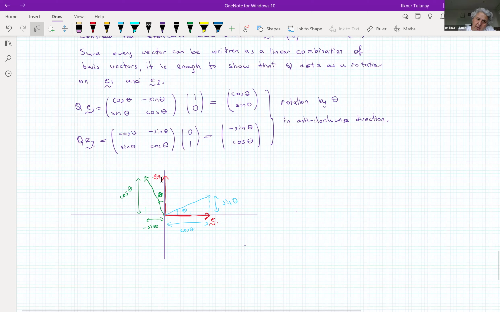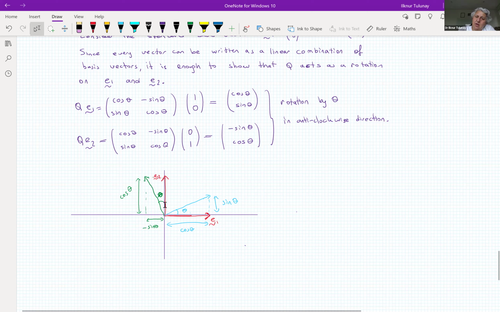Let's have a look. This is E2, and this is theta. Here, this point gives us cosine theta for the y value and minus sine theta for the x value. So this is exactly this vector, and E2 moves to this vector.